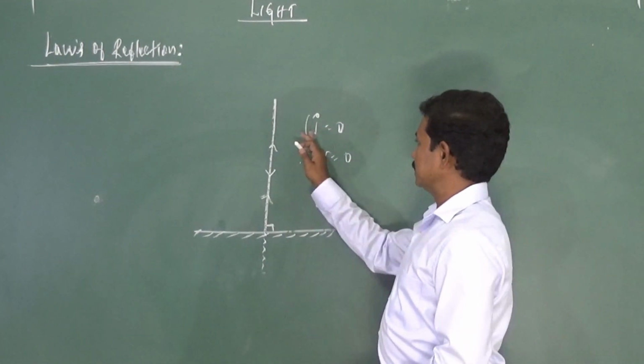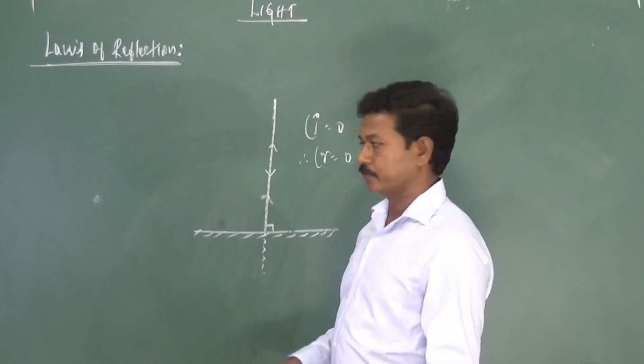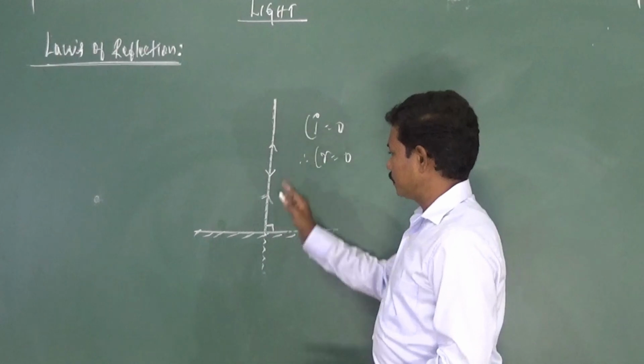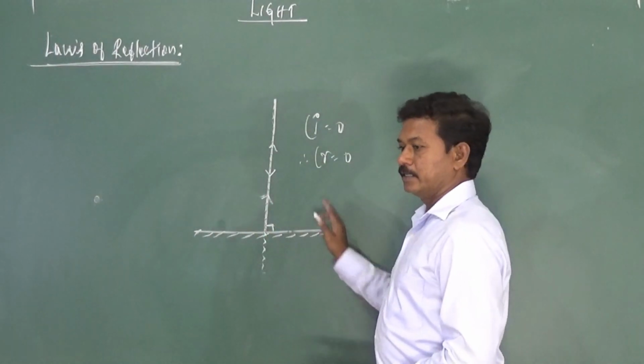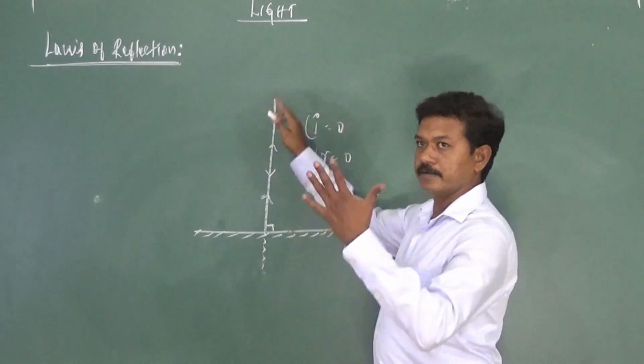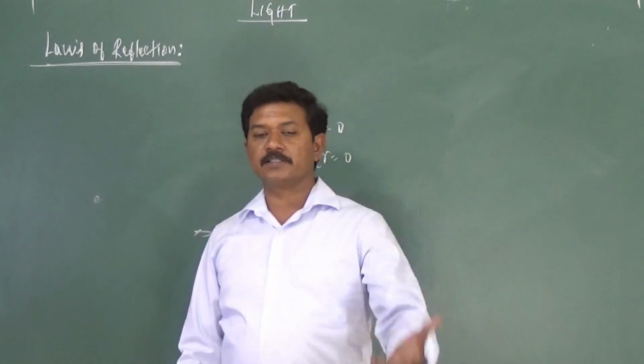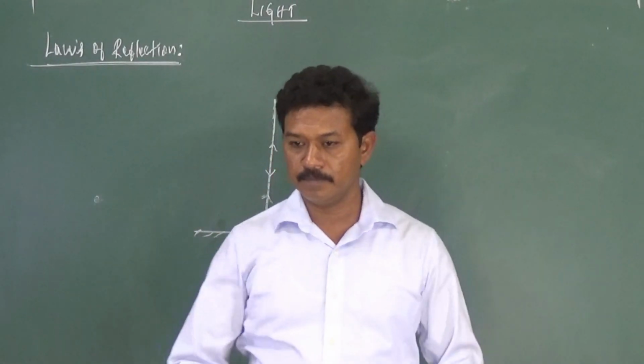Since angle I and angle R are both equal to 0, whenever a light ray falls normally on the mirror, it bounces back in the same direction. So this is what happens when a light ray falls normally on the mirror.